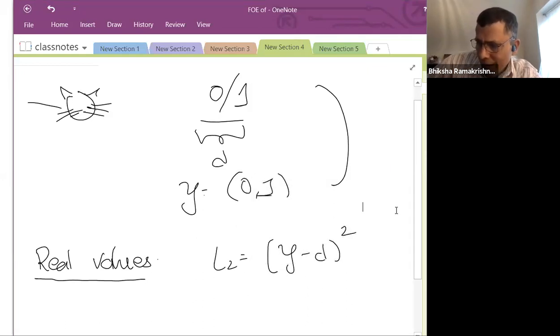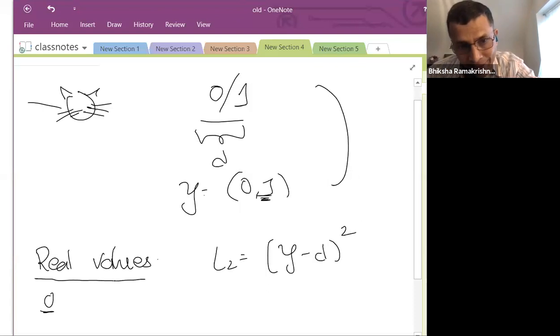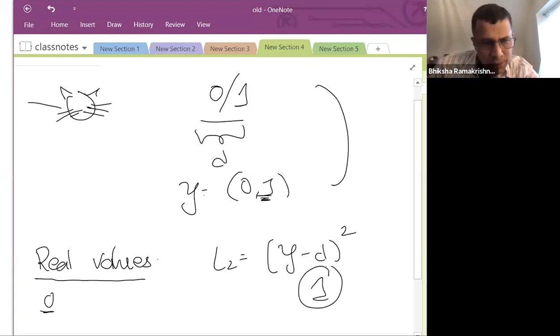If my desired output is 0, so I want the network to be 100% certain that this is not a cat, and if my actual output is 1, the network is 100% certain that this is a cat, then getting an error of just 1 is a terrible thing to be doing. I'm infinitely wrong. I'm exactly opposite of what I want the output to be.